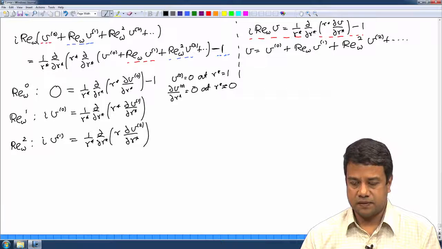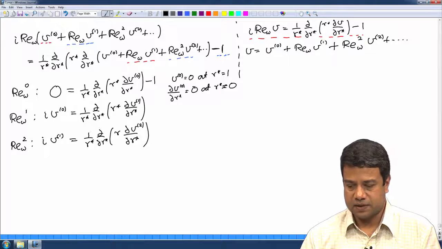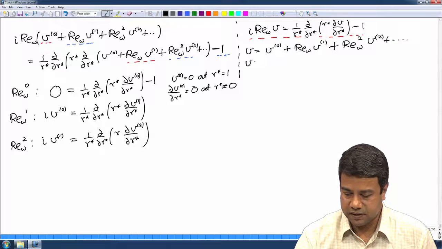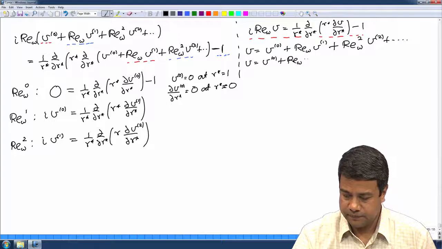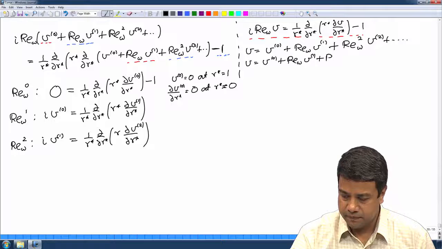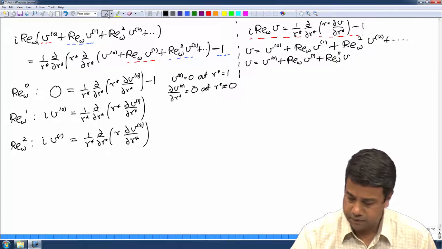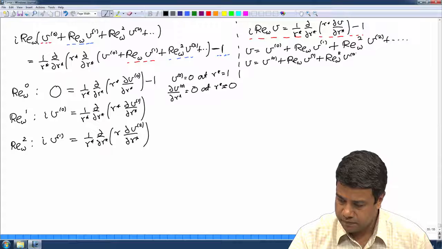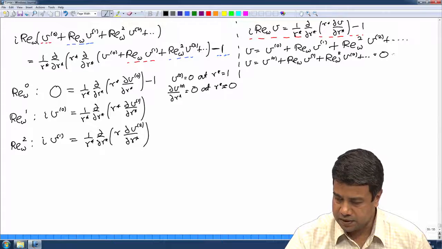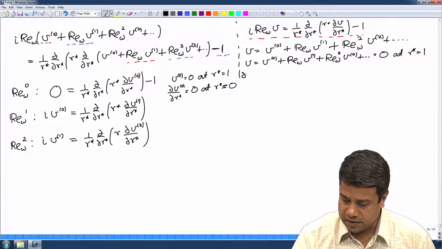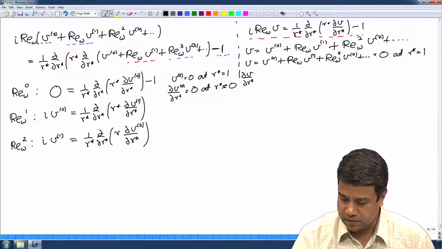Same thing applies for V0, V1, etc., because I can expand the boundary conditions as well. So, the boundary condition is that V is equal to V0 plus higher-order terms equals 0 at r star equal to 1, and partial V by partial r equals 0 at r equal to 0.